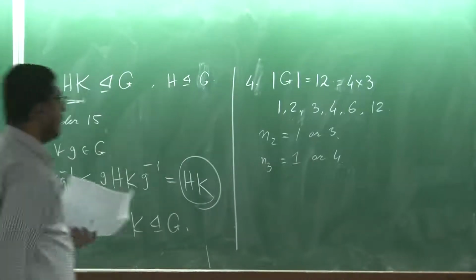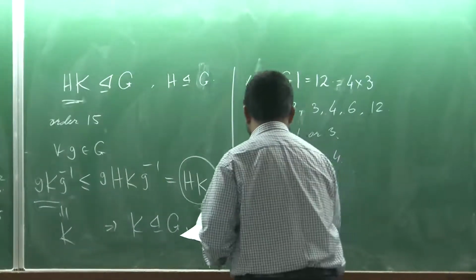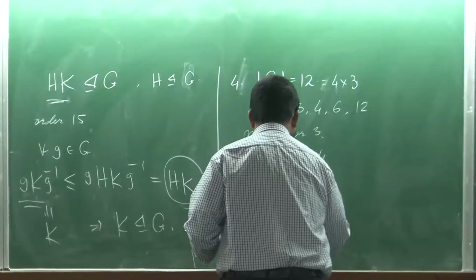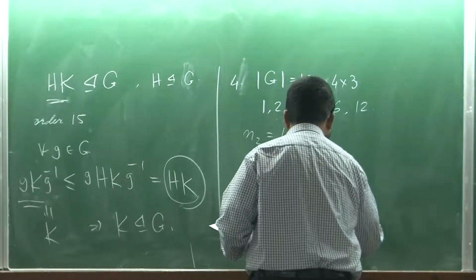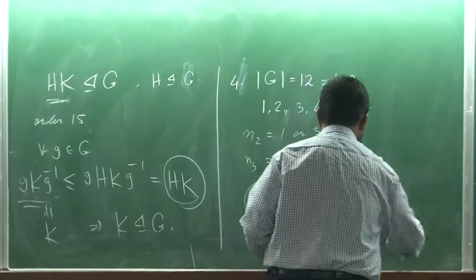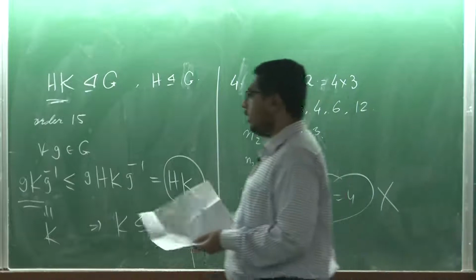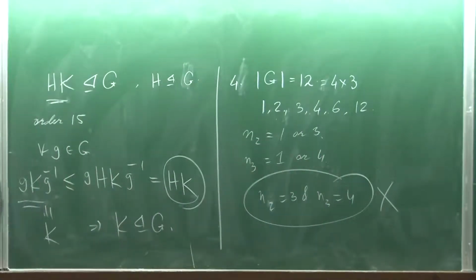So that is an immediate observation, that n2 equal to 3 and n3 equal to 4, these 2 things cannot happen together, therefore one of them must be normal. So that is what we have proved in a group of order 12, either Sylow 2 subgroup is normal or Sylow 3 subgroup is normal.